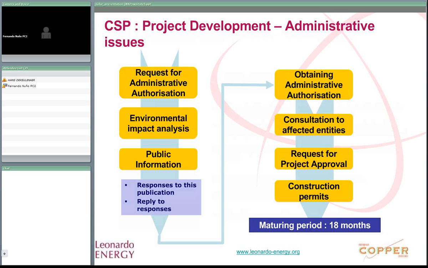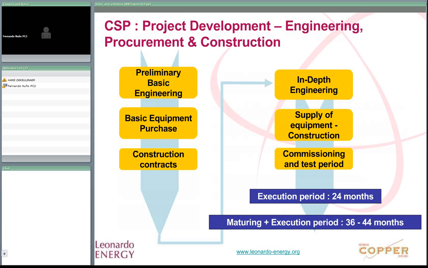Then, after the maturing period, there is the execution period, which is more or less 2 years: preliminary basic engineering, purchasing and supply of equipment, construction, and commissioning and test period. So the total project period is longer than 3 years.